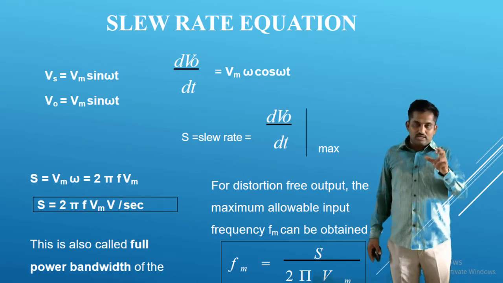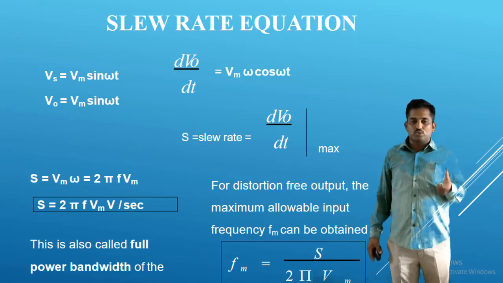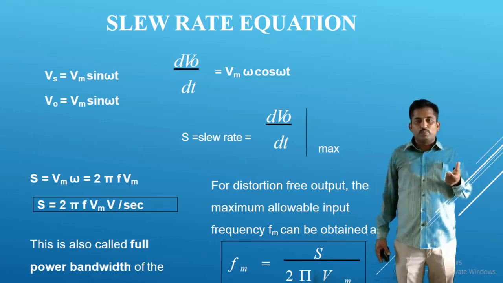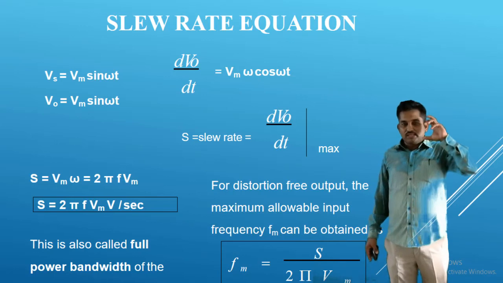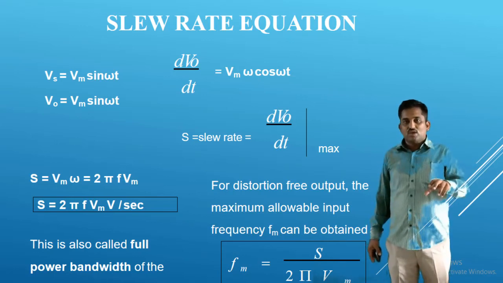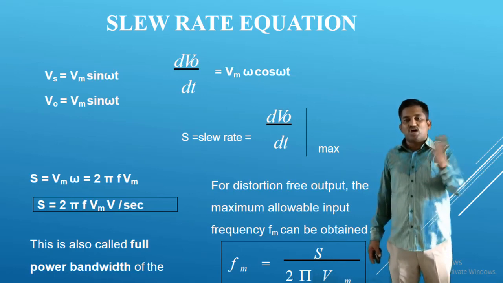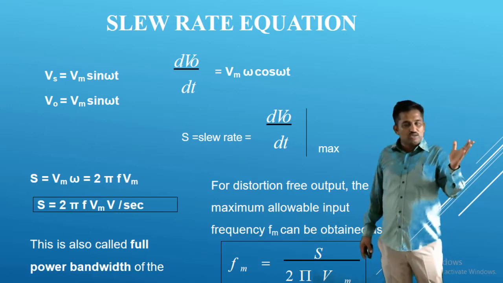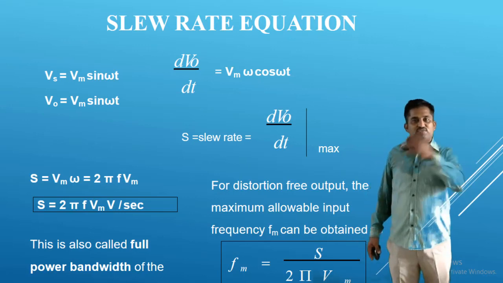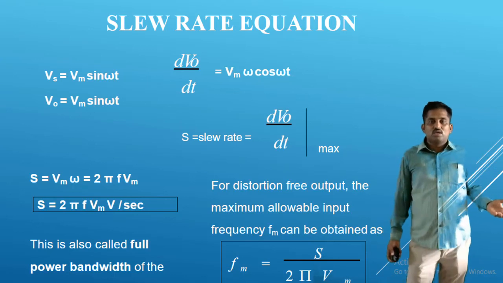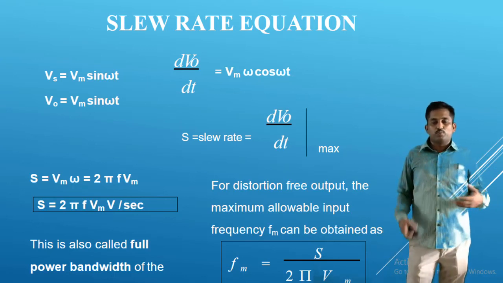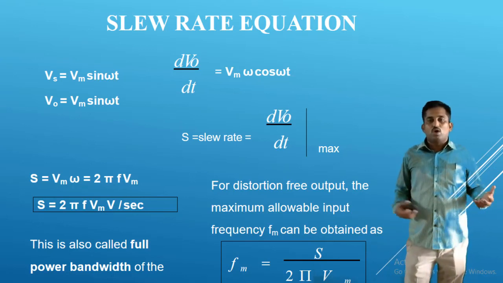The main reason we calculate this is that f is equal to S divided by 2 pi Vm. Up to this maximum frequency, we will get an undistorted output. Once the op-amp crosses this frequency, then obviously we will get a distorted output.